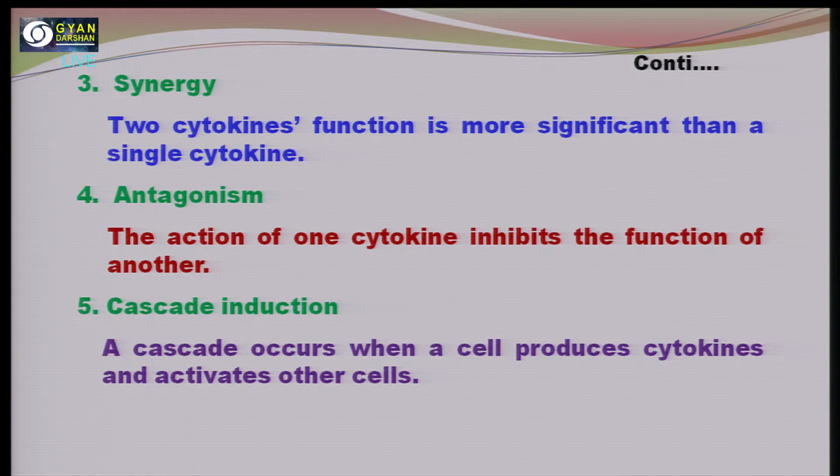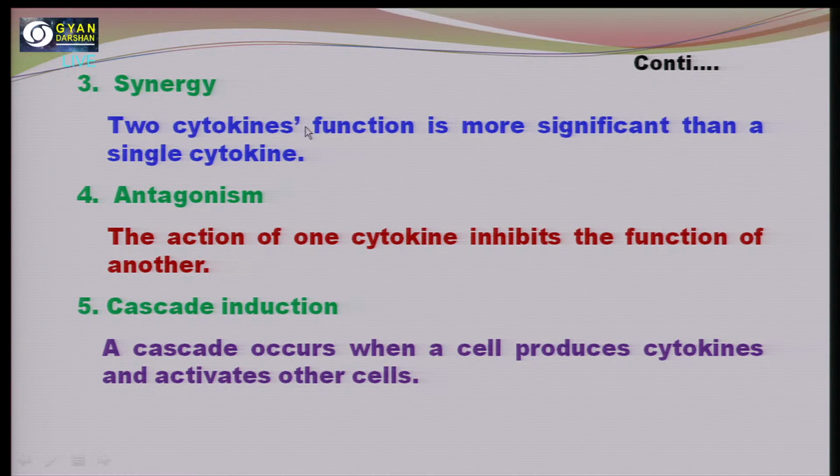The third feature is synergy. The function of two cytokines together is more significant than that of a single cytokine. So the two cytokines are able to bind the T helper cell, or they are able to proliferate the B cells. That is known as synergy.